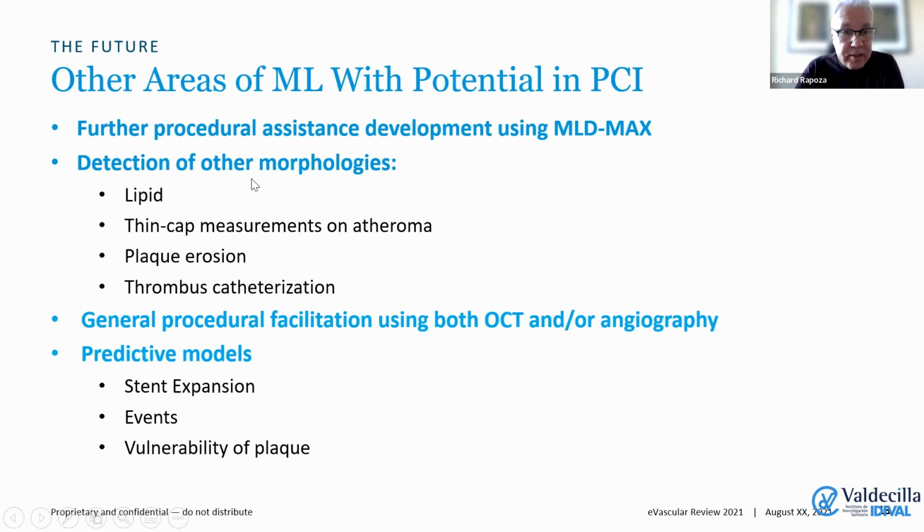Detection of other morphologies, lipid, for example. Lipid plays a huge role in landing zones. You should not be putting stent edges on lipid pools. They are not visible, obviously, in angiography, especially when there's no stenosis, but they are readily visible and very distinct from calcium.